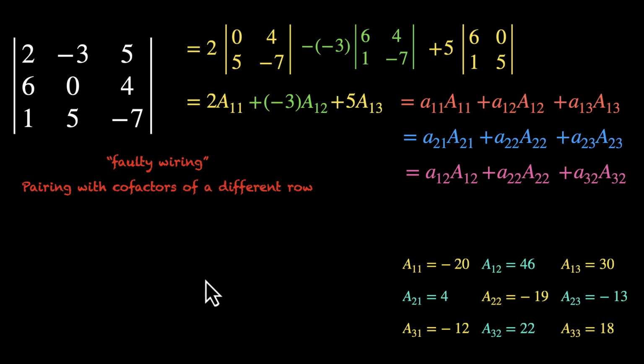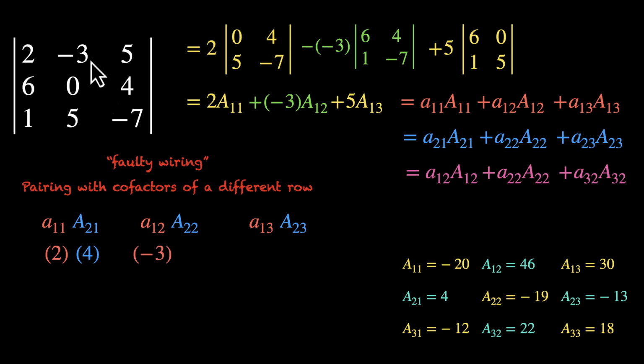Okay, let's do this together. a11 times A21 plus a12 times A22 plus a13 times A23. Elements from the first row, cofactors from the second row. So this is 2, this is 4, A21 is 4, this is minus 3, this is minus 19, a13 is 5, A23 is minus 13.